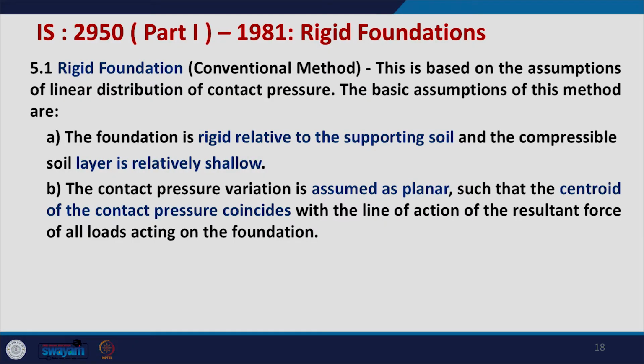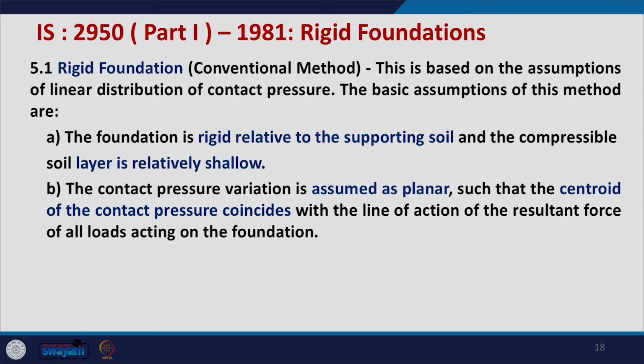The basic assumptions for this method, that is for rigid foundation or the conventional method, are two. First, the foundation is rigid relative to the supporting soil, and the compressible soil layer is relatively shallow. So, you have the foundation on one side and the supporting soil on the other. The rigidity has been defined by a factor k, which we are going to discuss in the next slide.